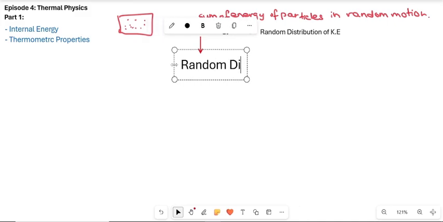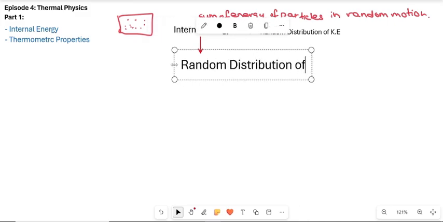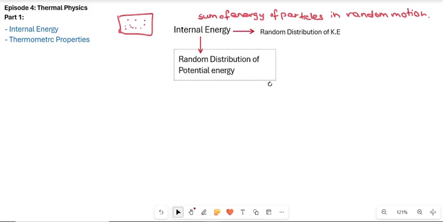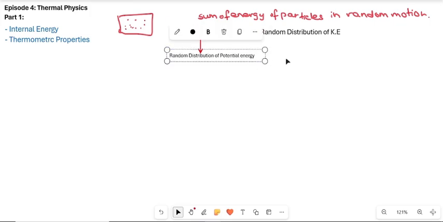So when you add the kinetic energy and the potential energy, both of these energies give you the internal energy of a particle.